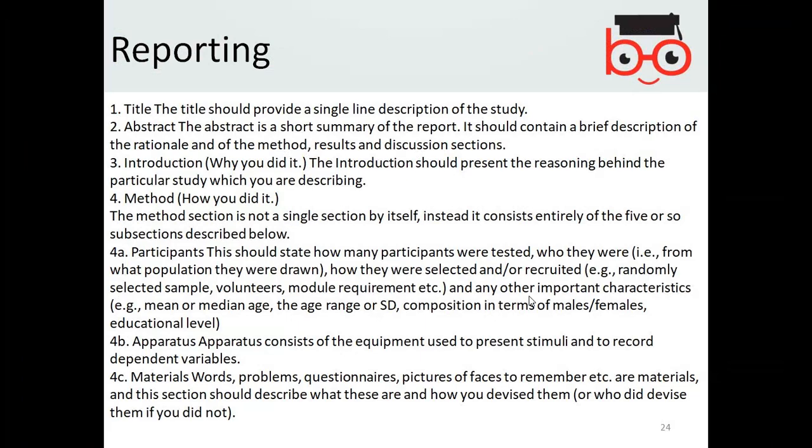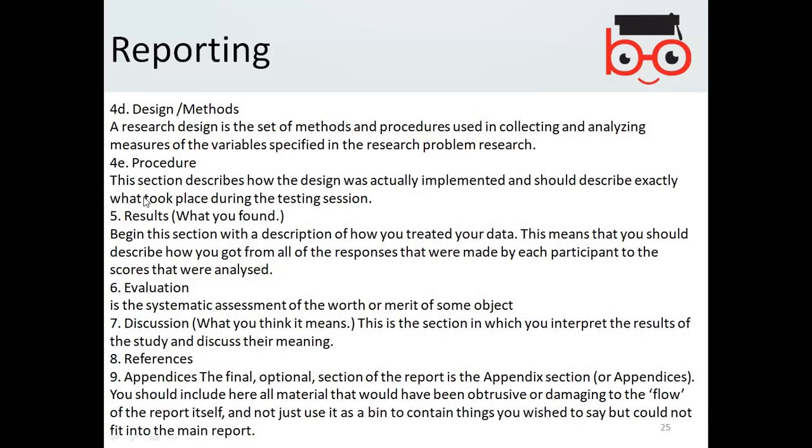So for reporting purposes, you should have a title of your study, abstract, the introduction, why you did it, method, how you did it, and the method could have participants, the apparatus used, the materials used, design used, the procedure used, and fifth, the result itself, what you found.